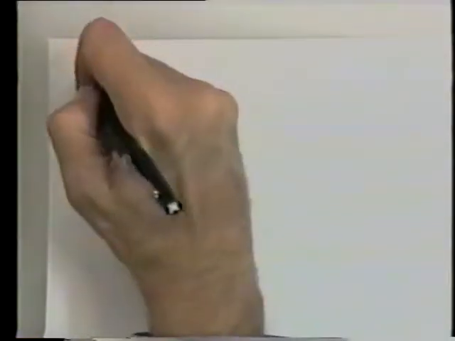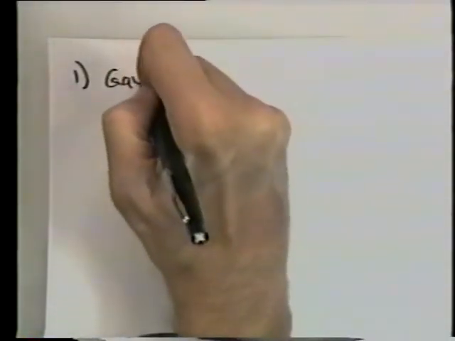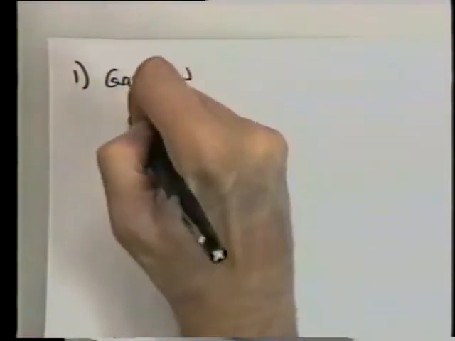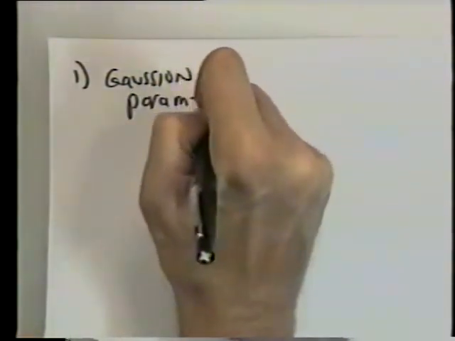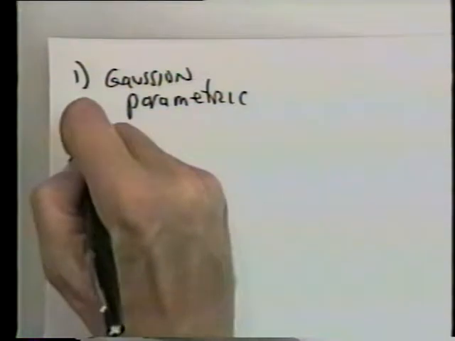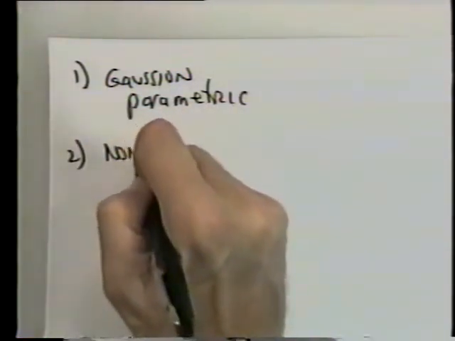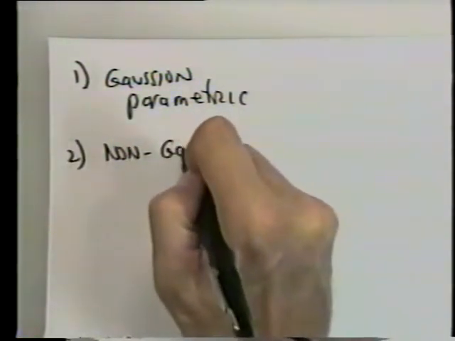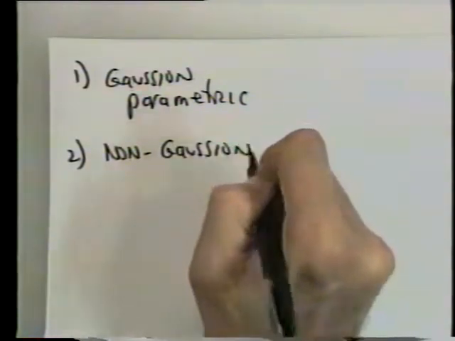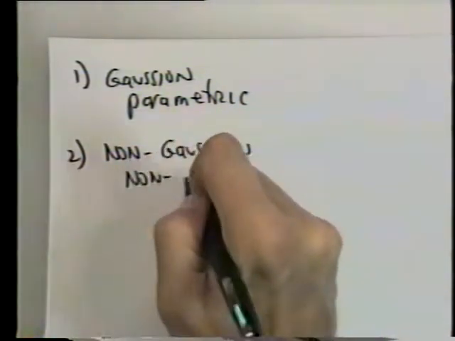Are there any questions on anything we've done so far in all these statistical tests? Because what we've done so far is we've started off by discussing Gaussian statistics involving parametric distributions, and then we've discussed non-Gaussian distributions where we use non-parametric tests.